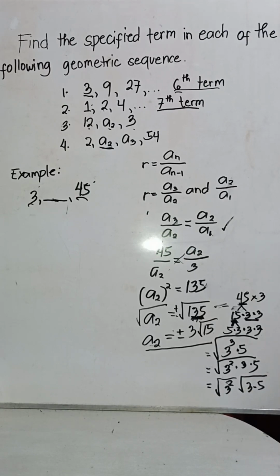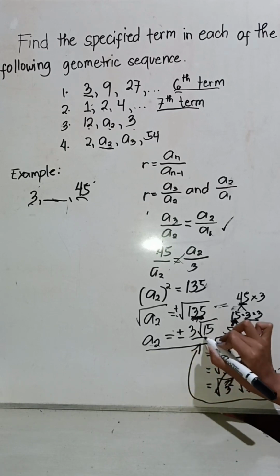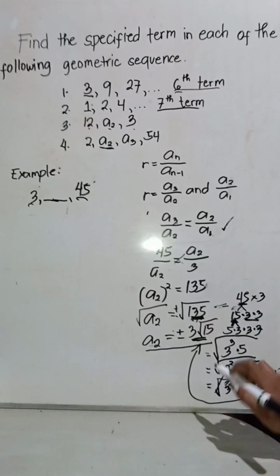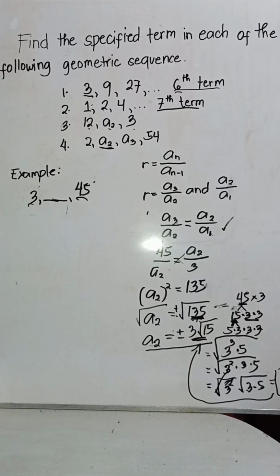Applying the radical rule, the 2 cancels out with the square root, so it becomes 3 square root of 3 times 5, which is 3 square root of 15. That is our answer, our A sub 2 or the second term, 3 square root of 15.